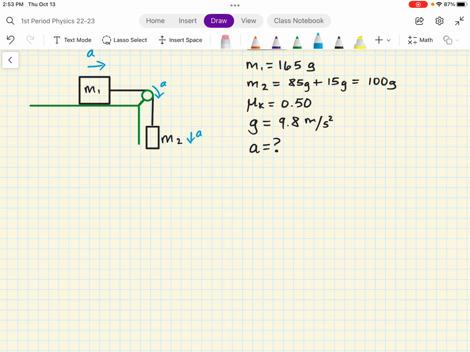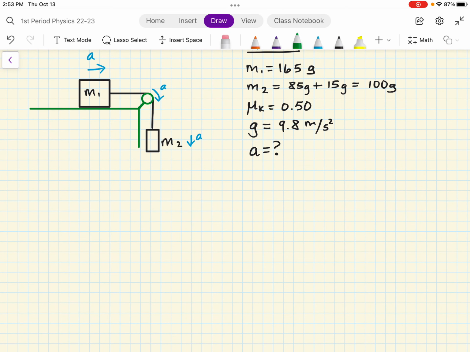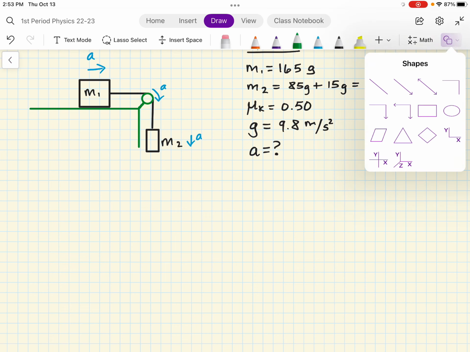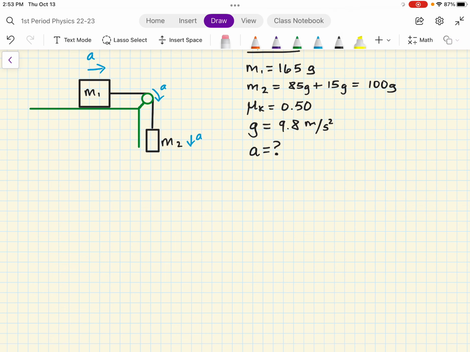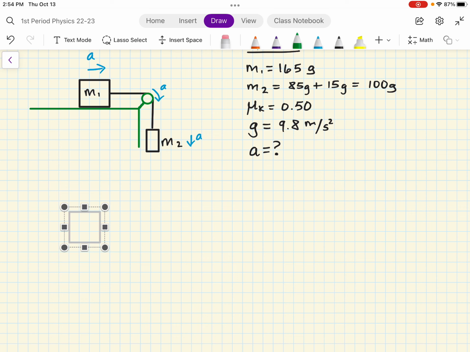I said I would use green for mass 1, so I'll use a green box. Let's add the center of mass.